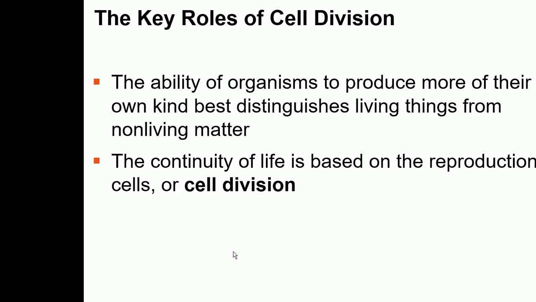So in these two chapters we are going to talk about cell division, and as I just said, there are two kinds of cell divisions. Our life goes through two different kinds of cell divisions: mitosis and meiosis. Our life starts from a fertilized egg, and then that cell keeps on dividing.